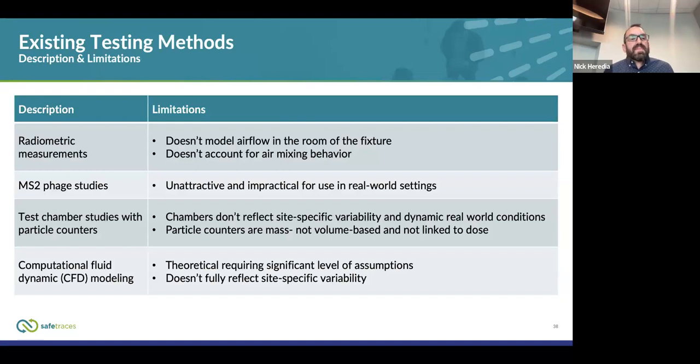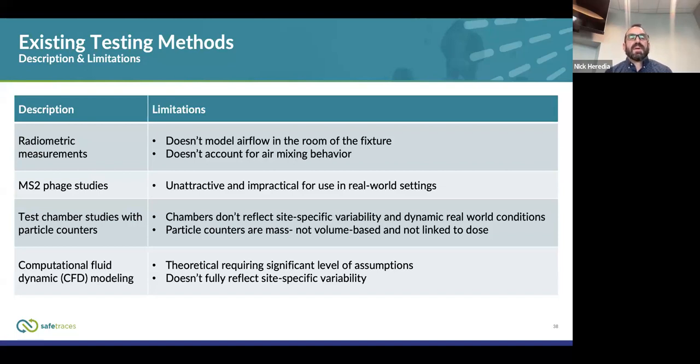All right, thank you. So what are the existing testing methods that we can use for these upper room UV systems? Typically you could do radiometric measurements, measuring the intensity of the light, but there are also limitations to each of these. Using that type of methodology really doesn't model the airflow in the room for the fixture, and it doesn't really account for air mixing behavior, as Bill Bahnfleth pointed out.